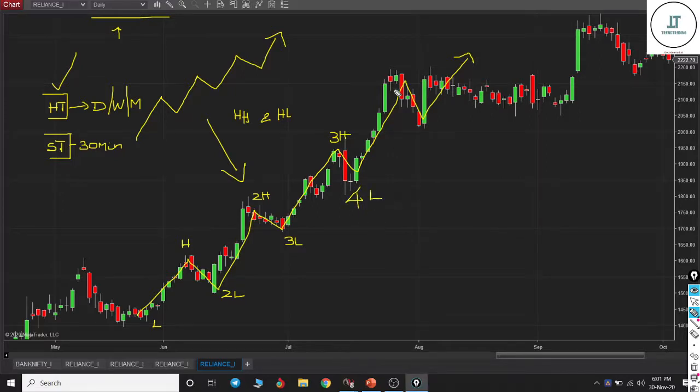Fourth low and fourth high. What we are getting is a higher high and higher low formation. So it is very clear that in a bigger picture or higher time frame, the stock is in a strong uptrend.